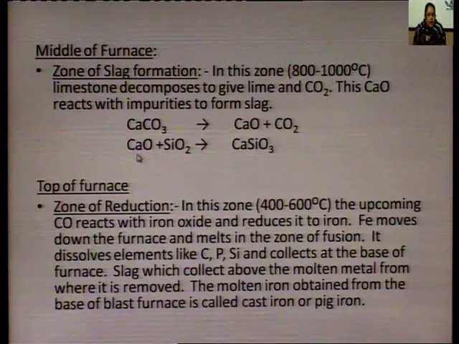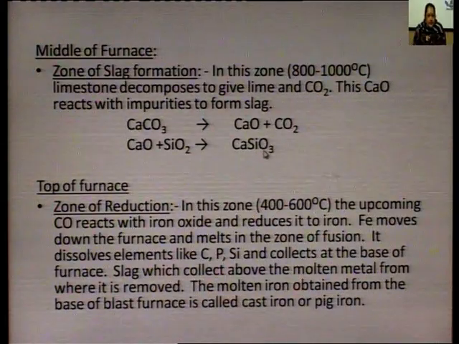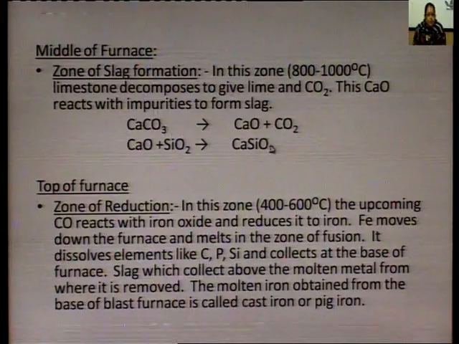For example, calcium oxide is a flux and silica is the impurity. This is a basic flux and this is an acidic impurity. Calcium oxide will react with silica and form calcium silicate, that is the slag. So, there is a formation of slag in the zone of slag formation, and this slag is a fusible mass and is lighter in nature.